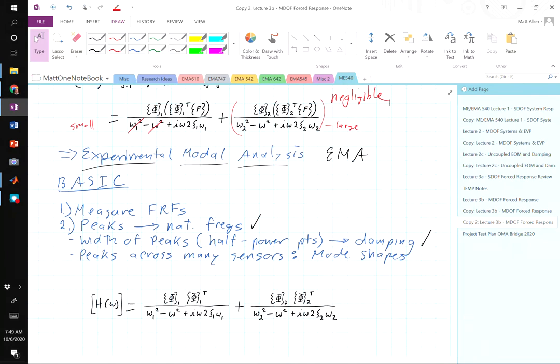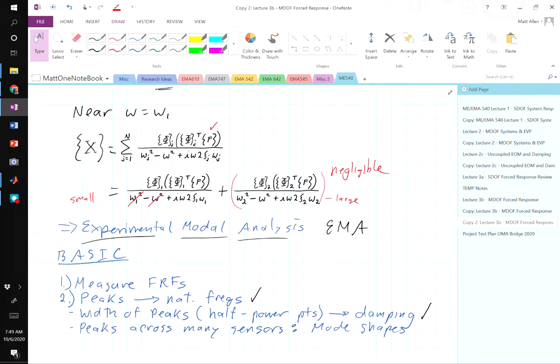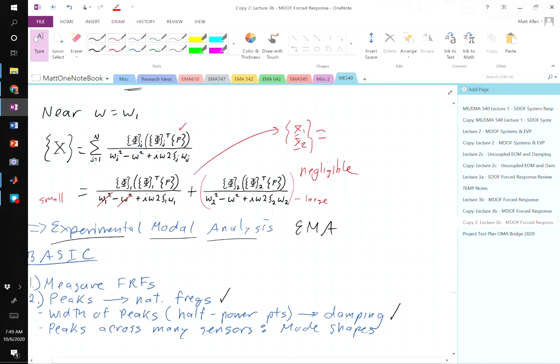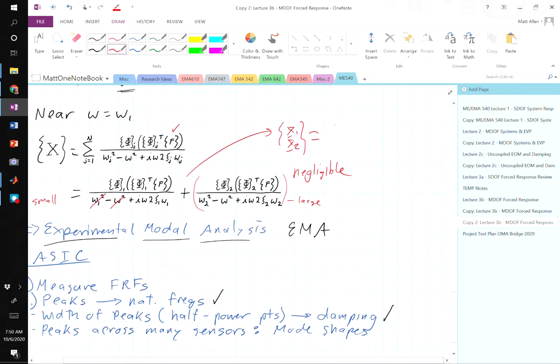And near the resonance for mode 1, notice that this then becomes x1, x2, and these would be in the frequency domain complex amplitudes. That ends up just being equal to some constant that has the denominator here, and it has this term in the numerator here, some constant times mode shape number 1.